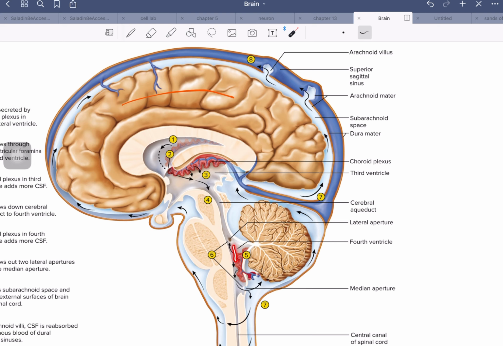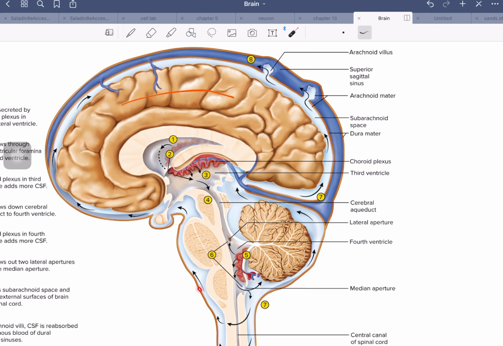And then the fluid will leave through the apertures, the three apertures that we talked about. It can surround the spinal cord. It can also flow up and over the surface of the brain in the subarachnoid space. And then in mid-sagittal, the CSF can enter the blood in that sagittal space.